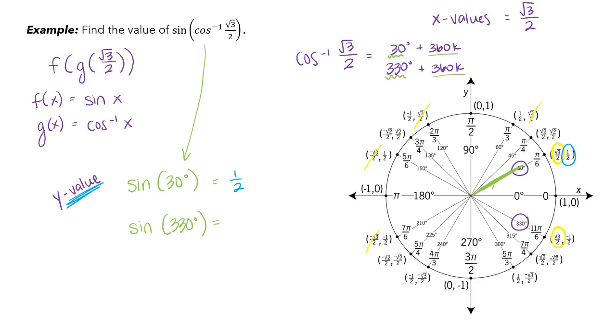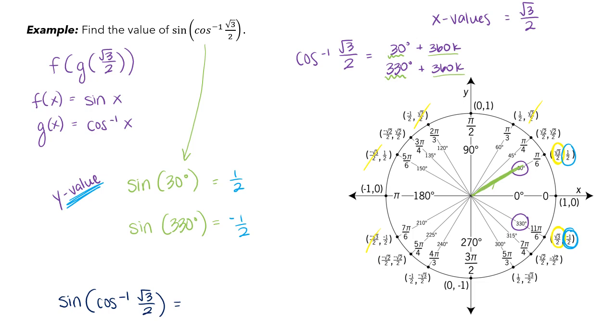Okay, what about for 330 degrees? Let's look for the y value on our unit circle right at 330 degrees. Oh, that's going to be a negative 1/2. So this actually tells me that the answer to my original question, the sine of inverse cosine of root 3 over 2, too many parentheses, didn't need that extra one, is equal to a positive 1/2 and a negative 1/2.